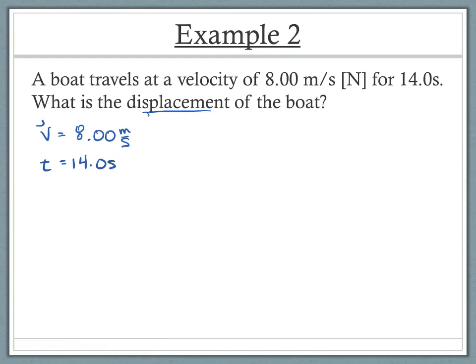We want the displacement. So if we write out the equation we have for velocity, displacement, and time, that is velocity equals displacement divided by time. This is not set up to solve for displacement, is it? Nope, it's not. Therefore, I need to rearrange, don't I?